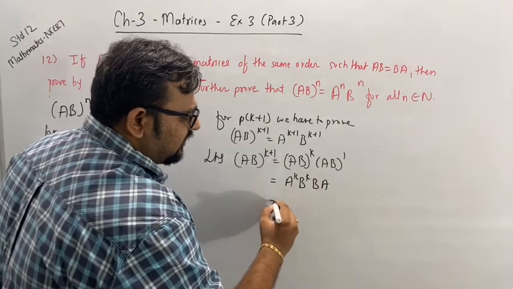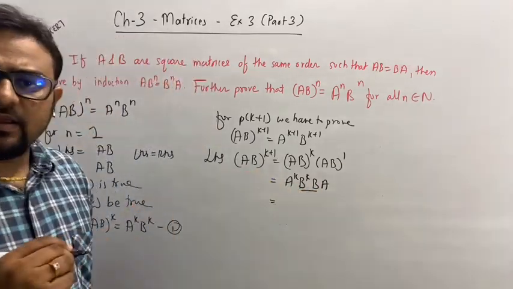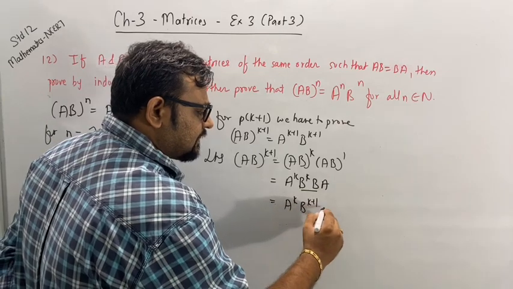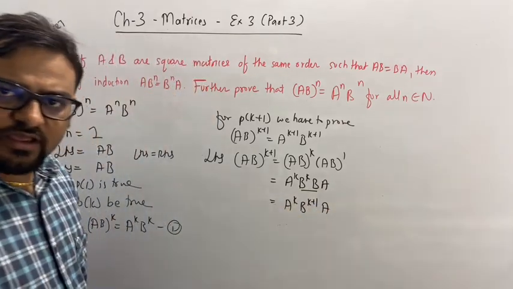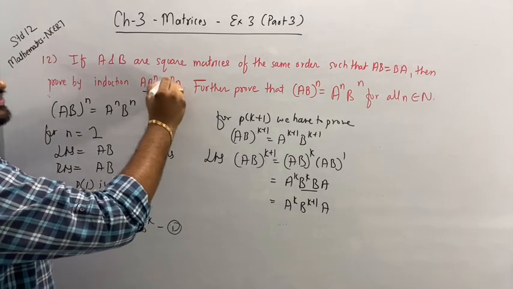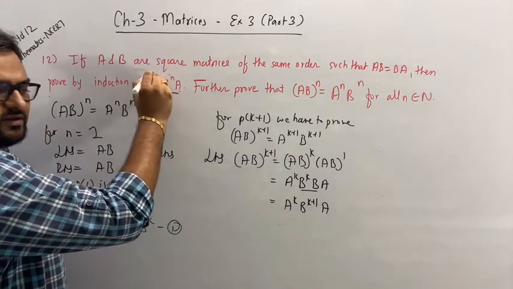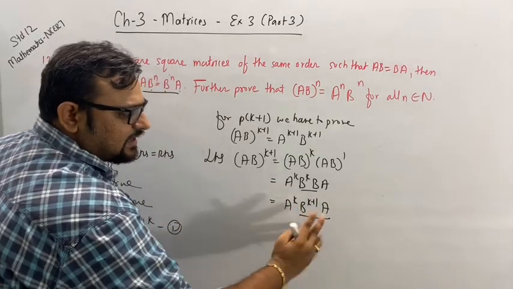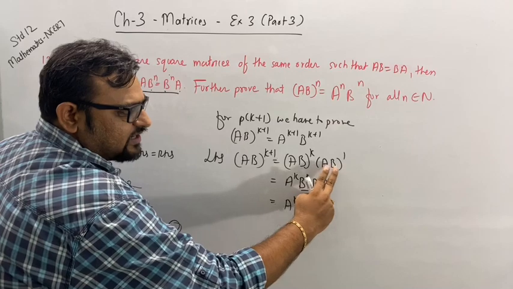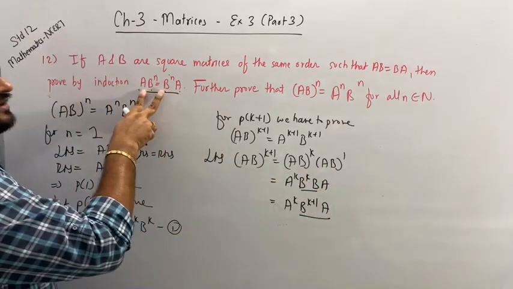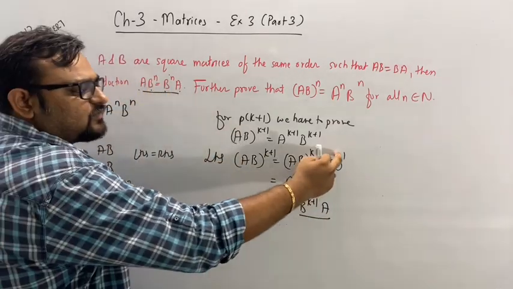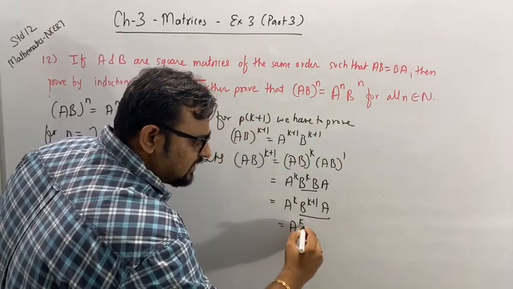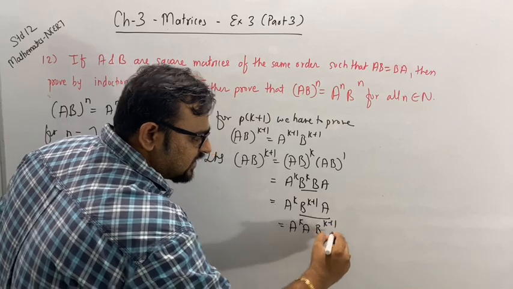Okay, so now what is B raised to K into B? B raised to K plus 1 into A. Again, I will use this one, B raised to n A equals AB raised to n. Clear? So in this B, instead of n, I have K plus 1. I can replace this way, just like what I did here, AB, BA. Right? Here I took the power of B as 1. So this will be equal to A raised to K, A, B raised to K plus 1.